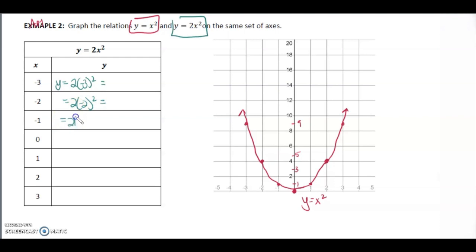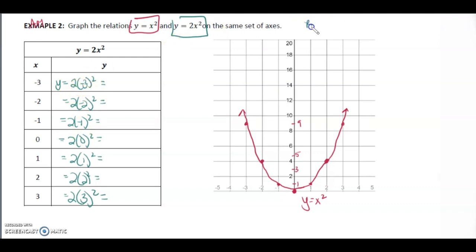Y equals 2 times negative 1 squared. y equals 2 times 0 squared, y equals 2 times 1 squared, 2 times 2 squared, and 2 times 3 squared. So when we calculate this, we are squaring only the negative 3.